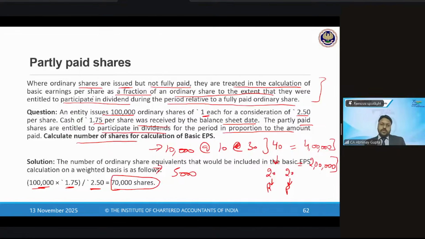But if it is there, then certainly we don't need to do this adjustment, because anyway each shareholder is entitled to full vote and full rights to the dividends. So if it is entitled to full profits or full dividend rights, then anyway we will consider the whole number. But how can it be possible that the company has received, say, 60% of the amount and will be ready to pay 100% of the dividends, right?